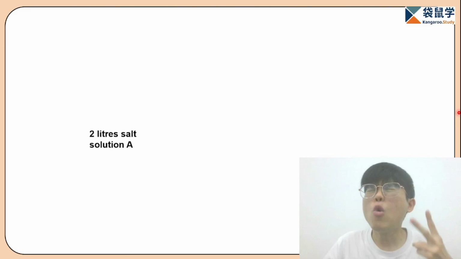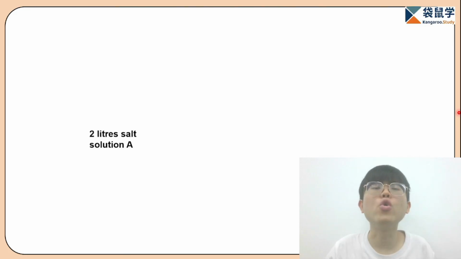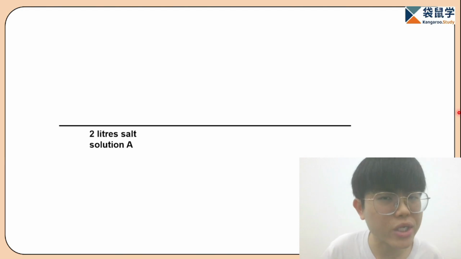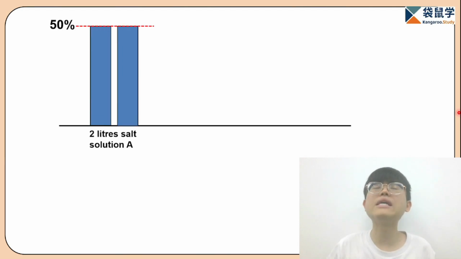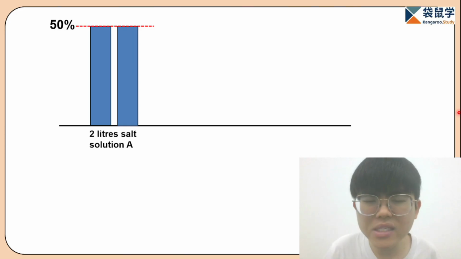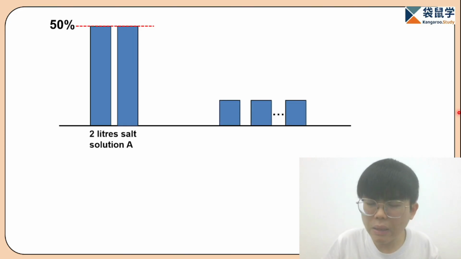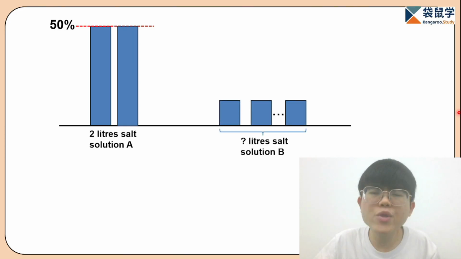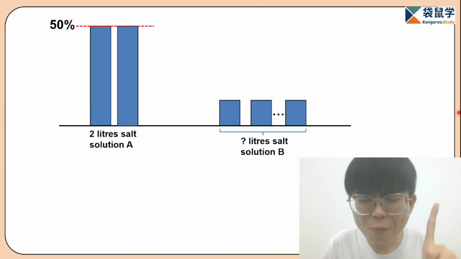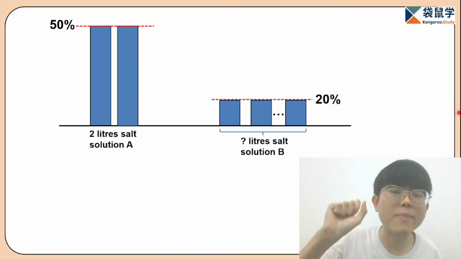Now, let's say we have 2 liters of salt solution A. These 2 liters of solution A have a concentration of 50% salt. And then there is some other salt solution, but we do not know how many liters it is. But there is one thing that we know about it, which is that the concentration is 20%.